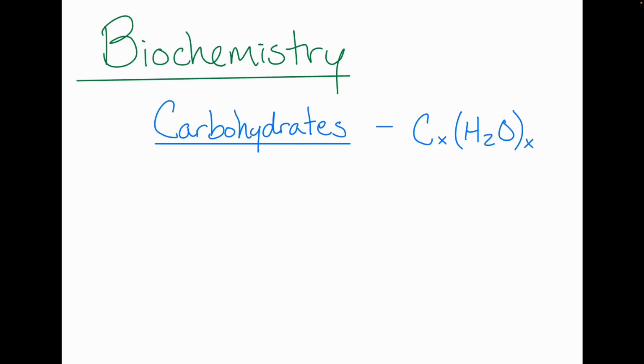But that is very deceiving in terms of the structure of a sugar. It's not a bunch of water molecules that are bound to those carbons. That doesn't really make any sense. So the structure of a sugar is just a carbon chain that has a whole bunch of alcohol groups on there.